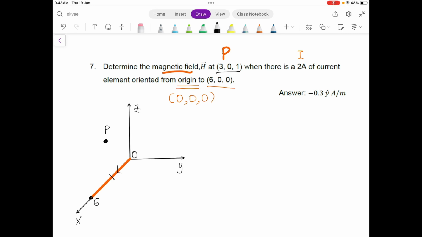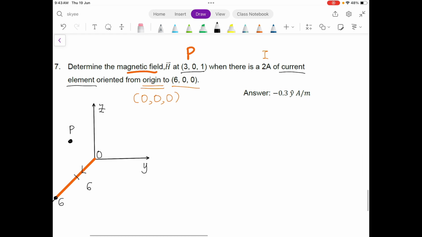So first of all, let's look at our current elements. There are so many equations to find this magnetic field. We have to identify whether it is an infinite or finite line. When we are looking at the dimensions of these current elements, we know the length. The length is 6 units, right? So if we know the length, this is a finite line.